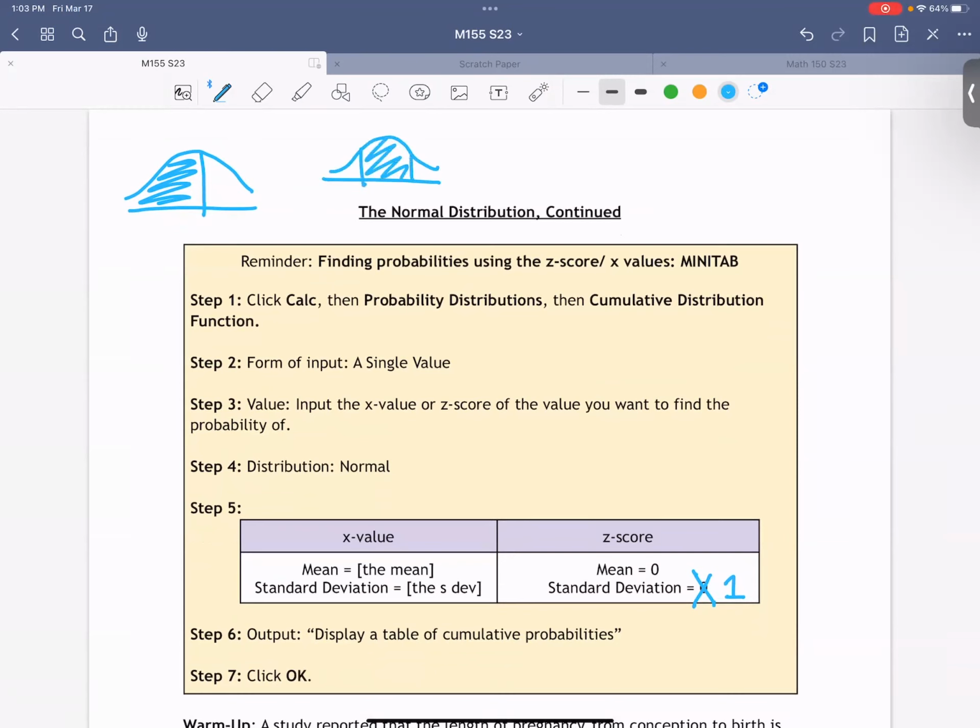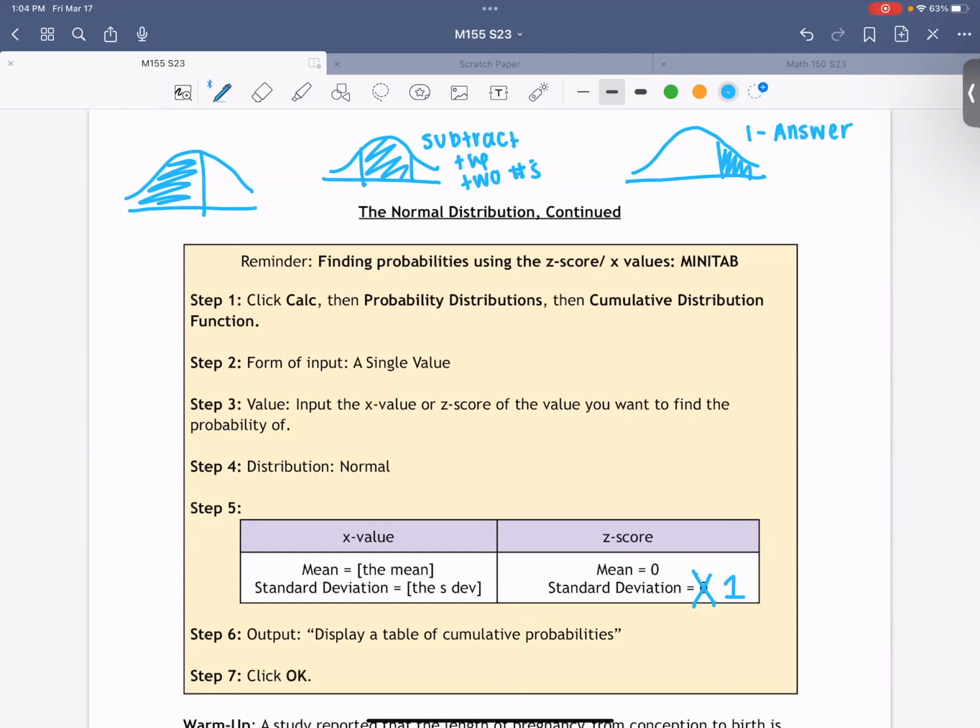You just do Minitab for both of the numbers and then subtract them, right? So subtract the two numbers. The hardest one is if you're given a bigger than probability, so you're trying to find the area to the right. If you do that, then remember, you do Minitab and you do 1 minus the answer.